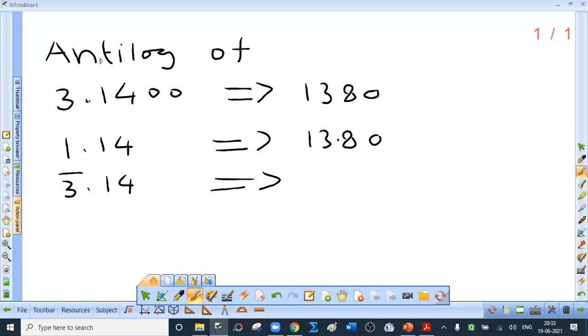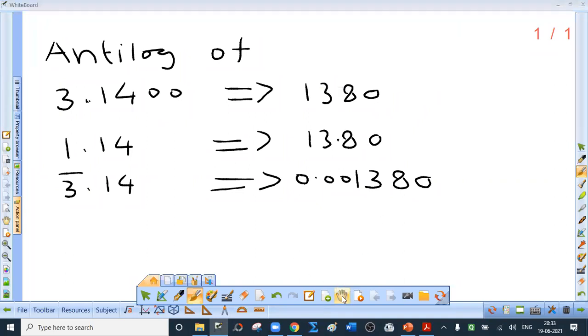So again same 4 digits 1380. Now characteristic is bar 3. So there must be 2 zeros immediately placed after decimal point. So what is the anti-log of bar 3.14? 0.00138. Now you need not write this 0 because it is after decimal point, right? I hope this is clear to you.